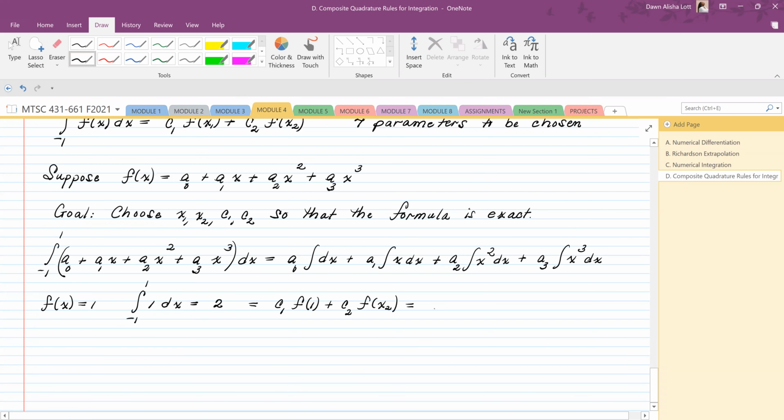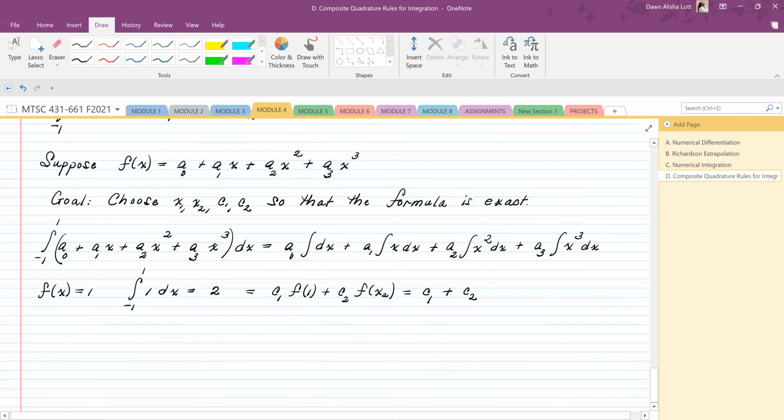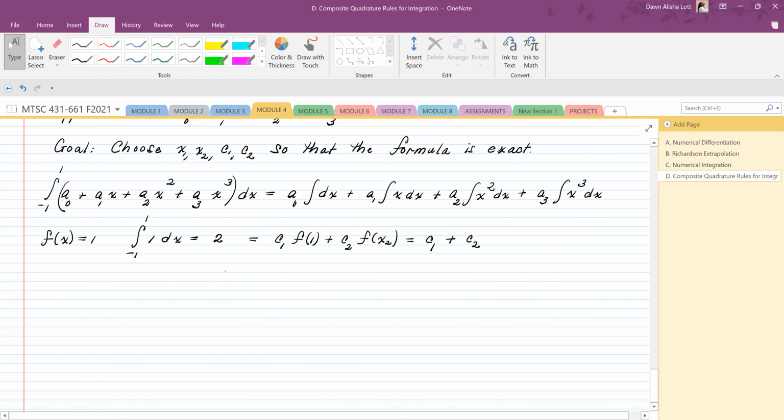But f of x1 is 1, and f of x2 is also 1. So I just get that 2 is equal to c1 plus c2.